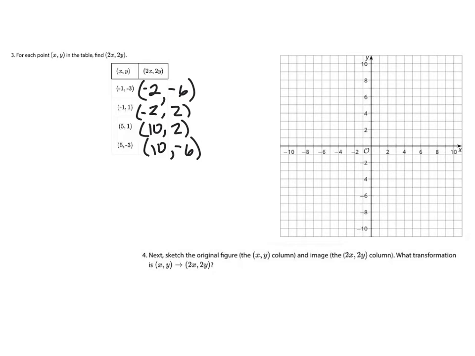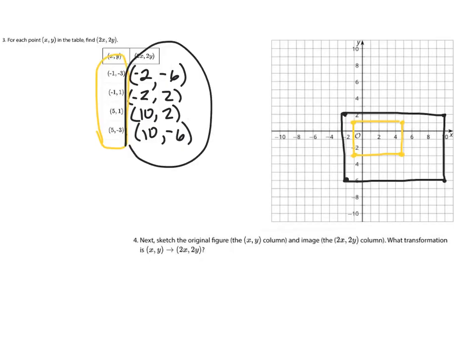Okay, now I'm going to push pause and sketch the original figure and the image, the pre-image and the image. So what do we have here? What transformation? If you see, I sketched the pre-image in yellow and the image in black. What does it look like we have?